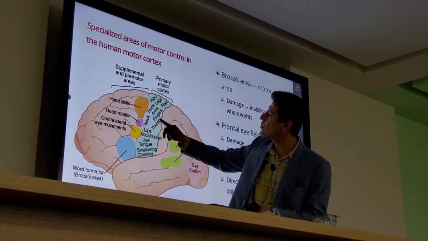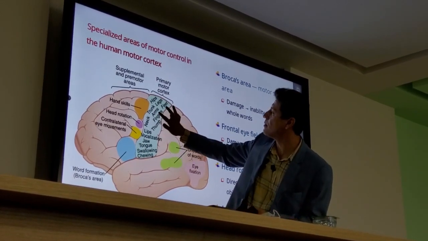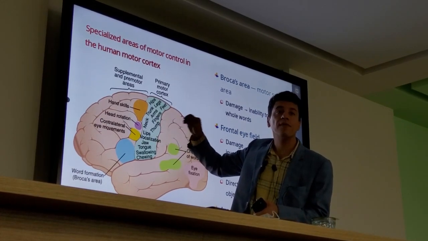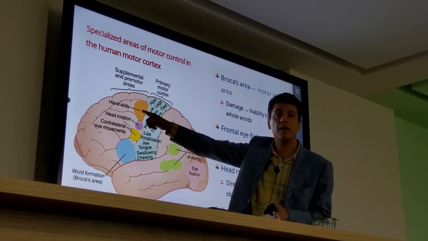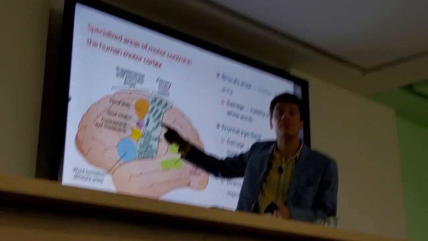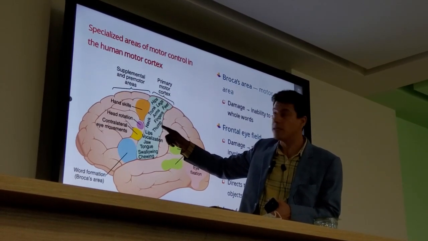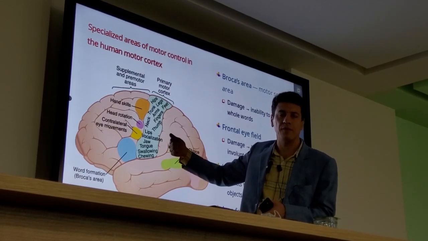In the primary motor area, we have an arm area. Neurons here are important for performing an action by the arm, but neurons here are important for planning of this movement. Mainly planning and programming of the movement.